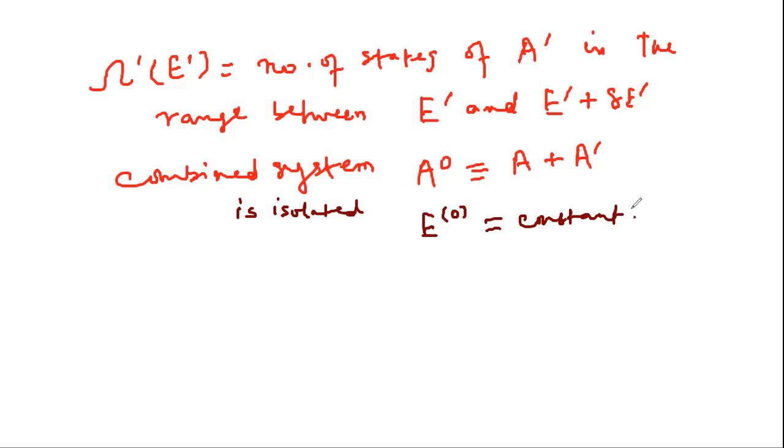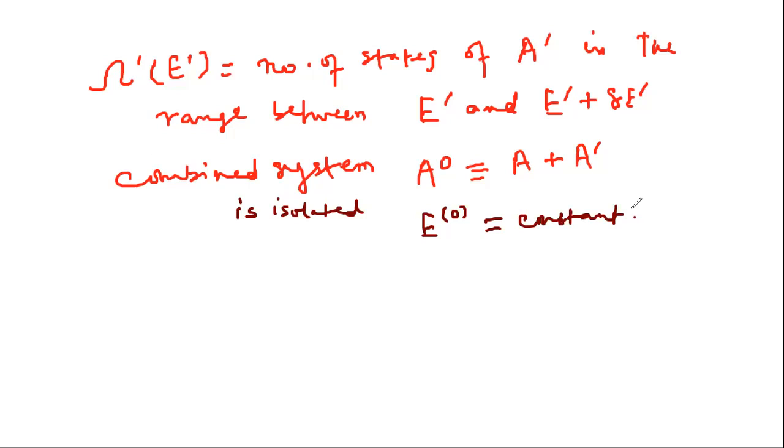Its total energy is E naught, which is constant. Now, the systems A and A prime are the subsystems of the total system. They can exchange energy. Therefore, energy of A and A prime is not fixed, right?